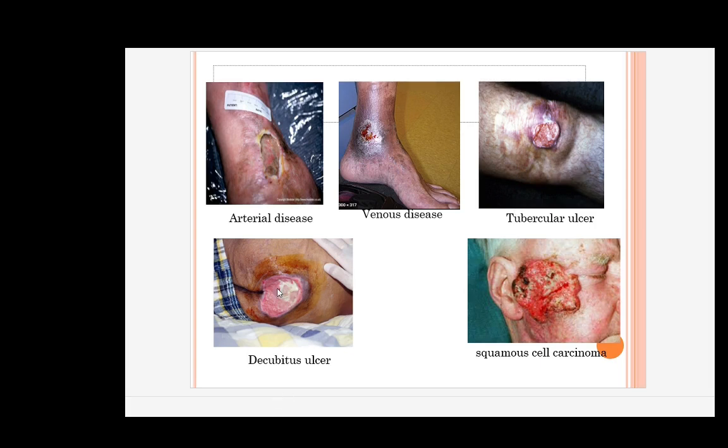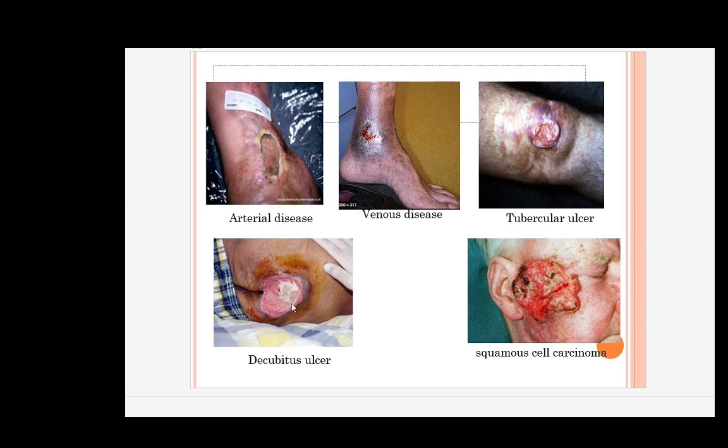This is a classical example of a decubitus ulcer in the sacral area. This is the left gluteal region and the right gluteal region, and between that you have a large ulcer here. This happens because the patient is bedridden and unable to move. Ideally, you should frequently change his position, which for some reason has not happened, therefore he has developed this ulcer.